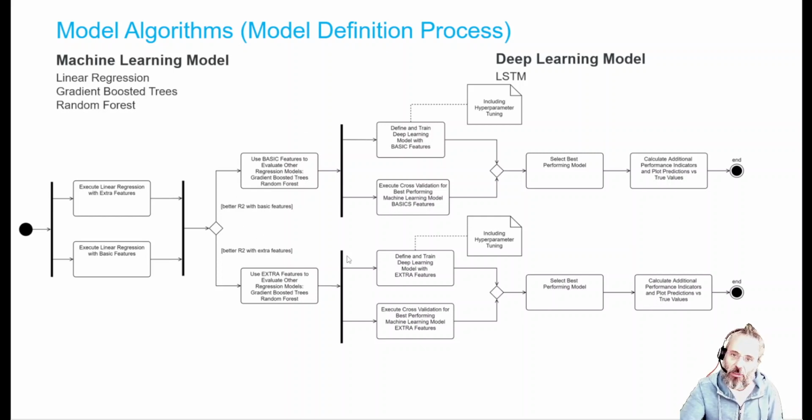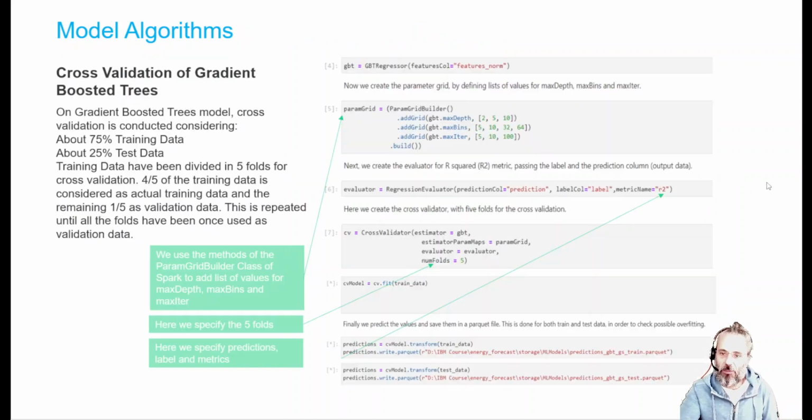With this model process we avoid too many combinations, but still have good results and some pre-selection of performance. So let's have a look at the model algorithm for the cross-validation of the gradient boosted trees.